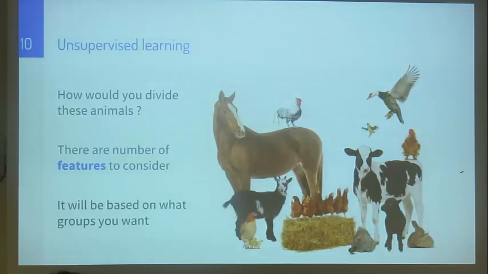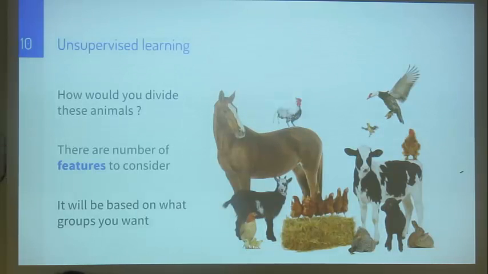Your data set is not the horse, the chicken, the goat, the cow. Those are not your data. Your data is the features of them. If you take the horse, it's a mammal, it's brown in color, and it has 4 legs, stuff like that. Those features are your inputs to your model.